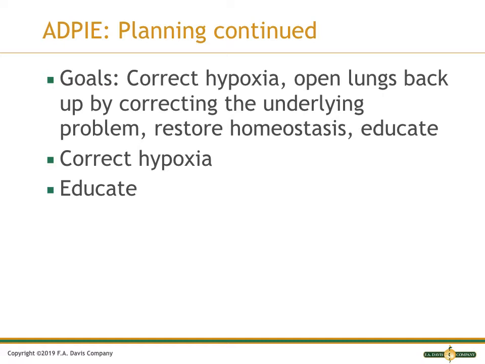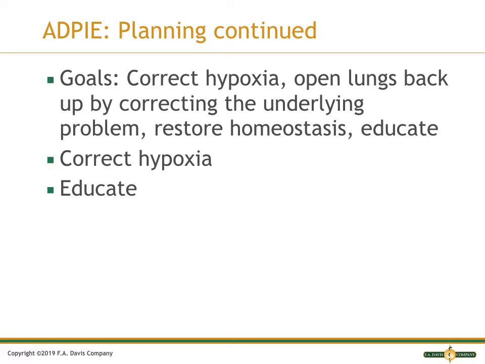Some goals. These are your goals. Correct your hypoxia. Open those lungs back up by correcting the underlying problem. Maybe they have bronchospasm and need a breathing treatment. You would have to talk to the physician and let them know, but that is something you could correct easily and restore homeostasis, which is restoring them to their normal baseline.